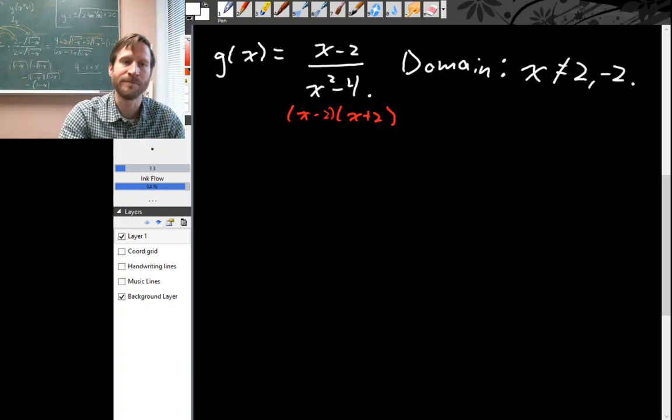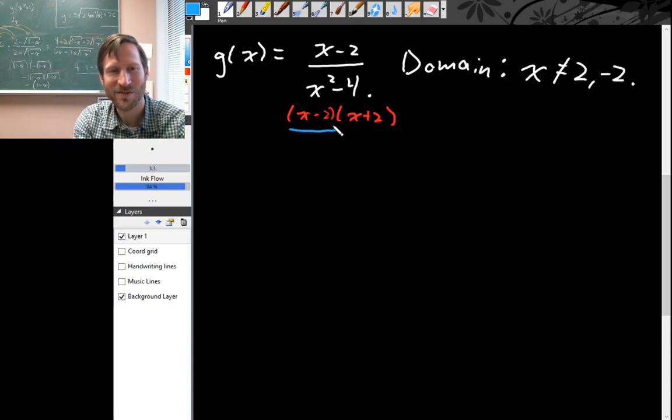Okay. Well, to decide what discontinuities we have, again, it's easiest to find a graph for this, but this rational function is a little bit complicated. Coming up with a graph might be tricky, but of course, if you noticed when I factored, the denominator has a factor that matches the factor in the numerator.